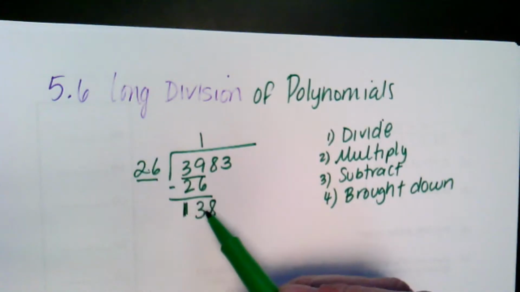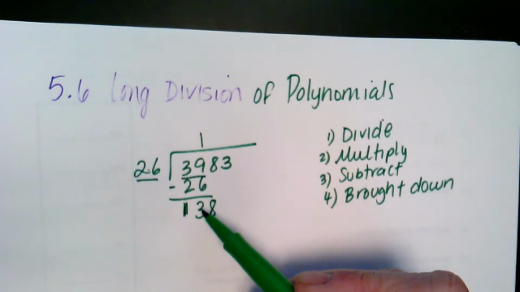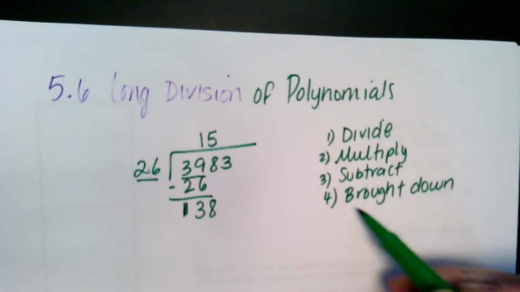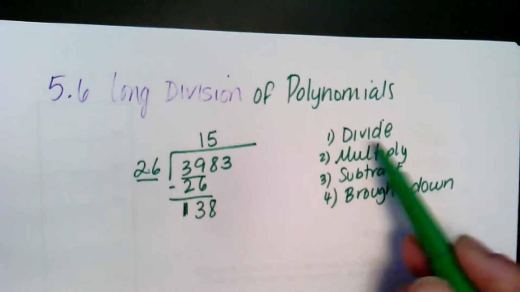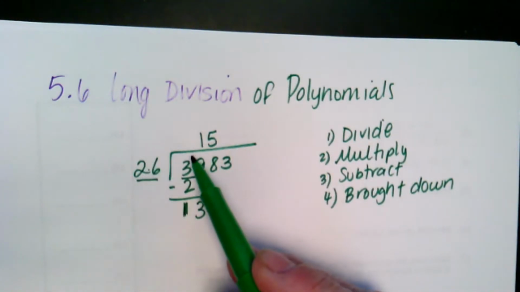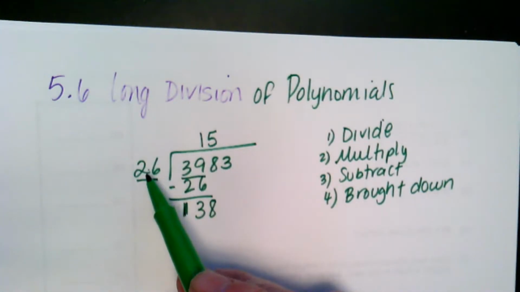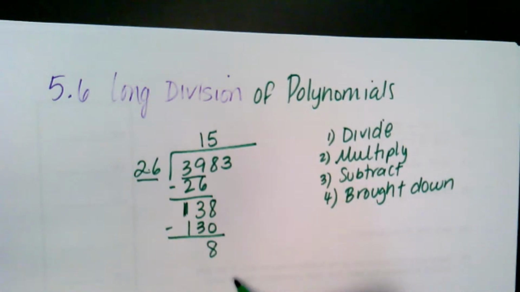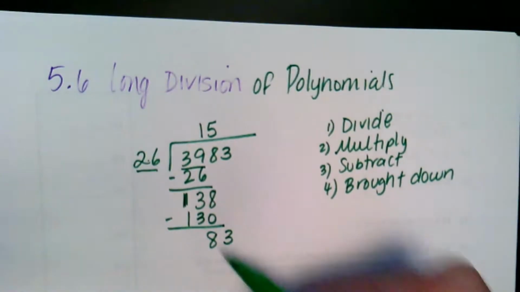And then we're going 26 into 138. We'll say it's about 5 times. And then we start this whole thing over again. We figured out how many times it went in there. We multiplied our 5 times our 26. We subtract, and we bring down. We start over.